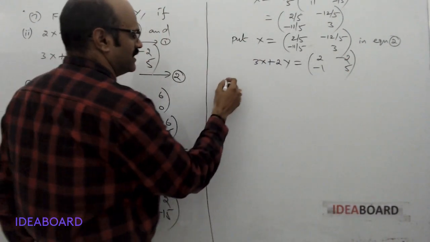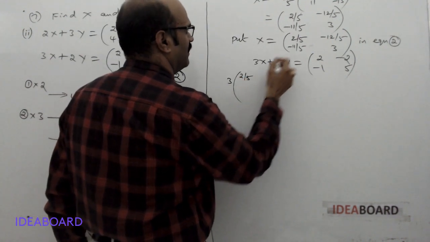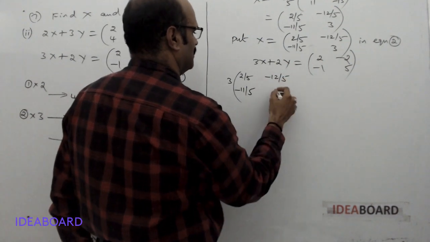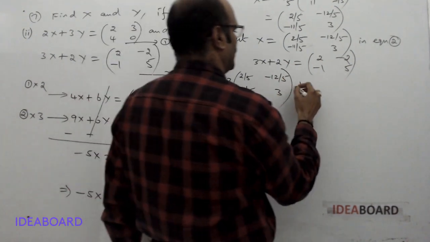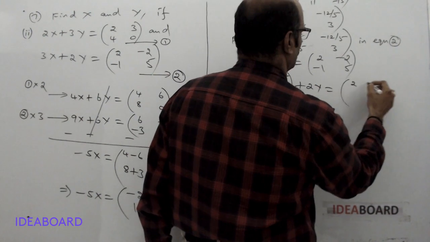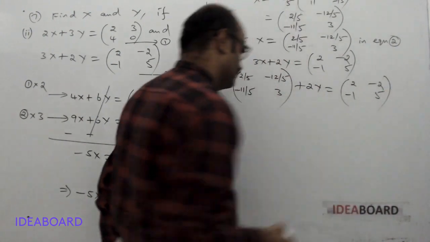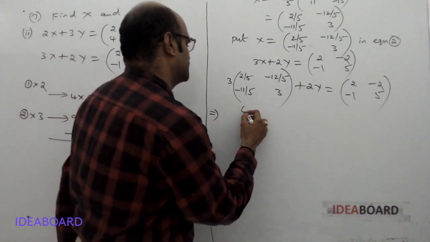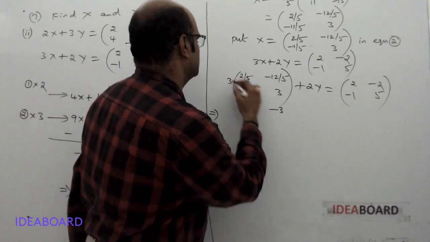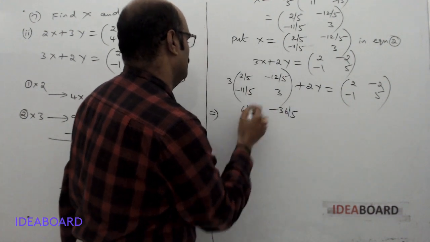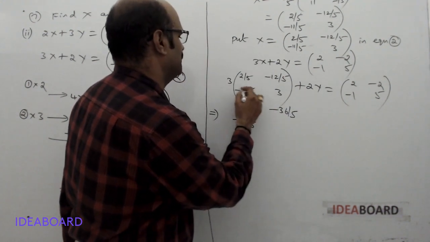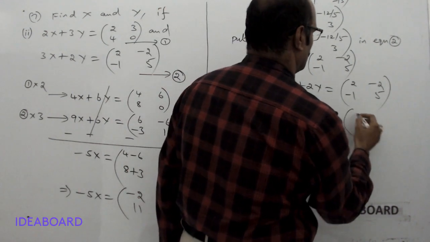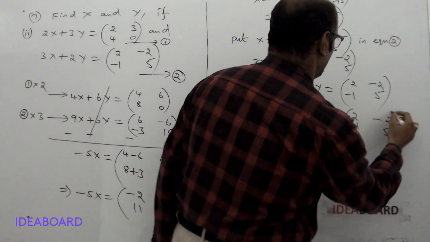It implies 3 into we are having 2 by 5, minus 12 by 5, minus 11 by 5, 3 plus 2y equal to 2, minus 2, minus 1, 5. It implies 3 into 2 by 5 equal to 6 by 5, minus 36 by 5, minus 33 by 5, 9 plus 2y equal to 2, minus 2, minus 1, 5.